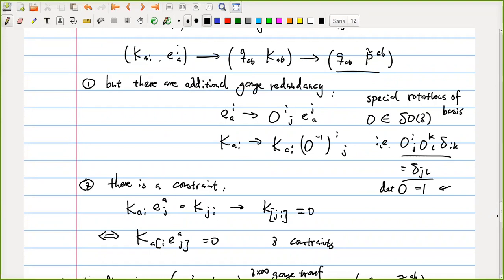So here I haven't even introduced connection. You get this constraint just because K is a symmetric tensor, so the anti-symmetrization of the symmetric tensor is 0. That's this constraint. All right.